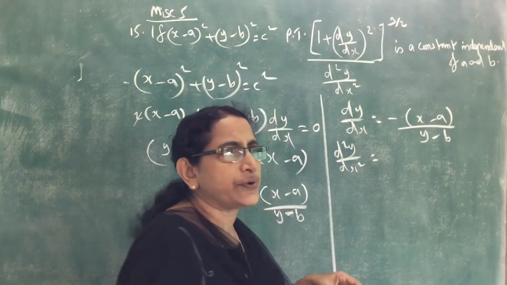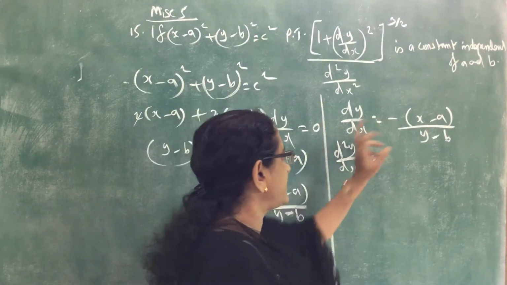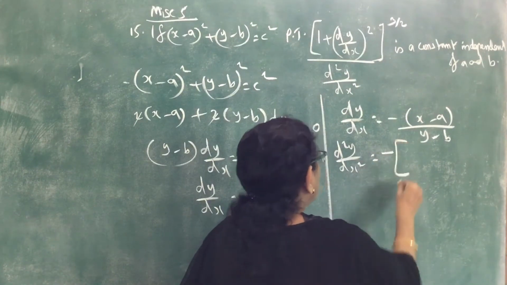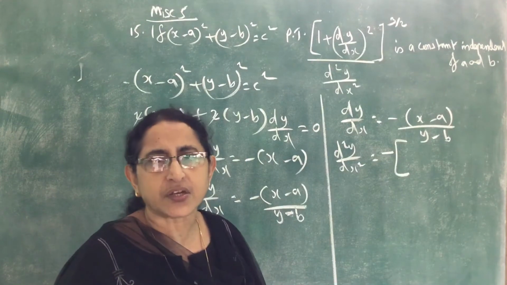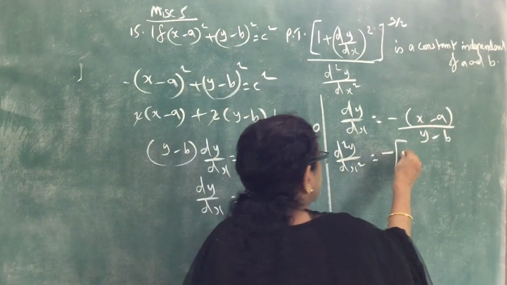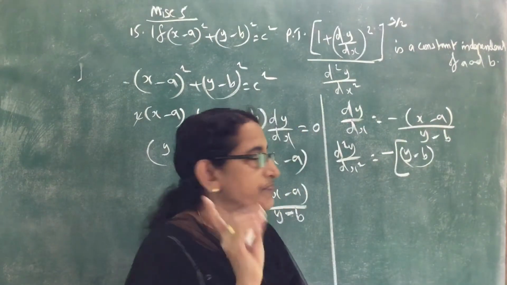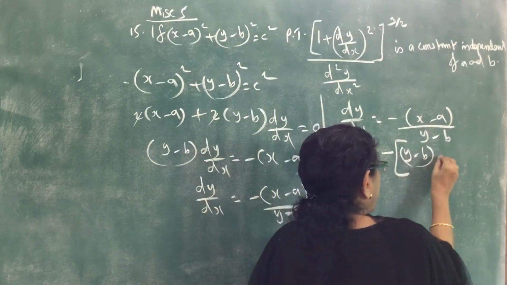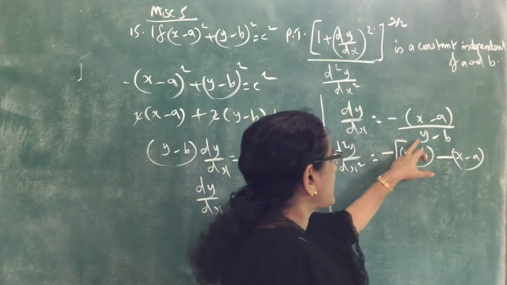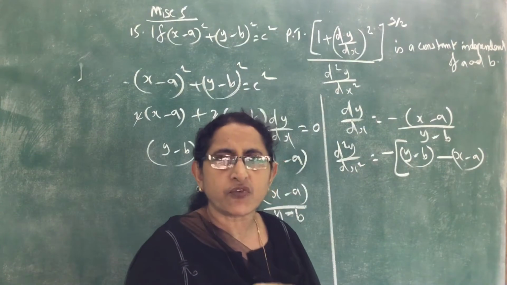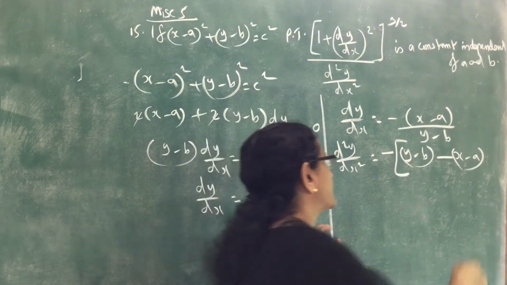That is equal to the derivative of this; we have to apply the quotient rule. So we take the minus outside, minus into the derivative of (x − a)/(y − b) using the quotient rule: denominator (y − b) into the derivative of the numerator x − a, that is 1, minus numerator (x − a) into the derivative of y − b, that is dy/dx, the derivative of b is 0, so only dy/dx.